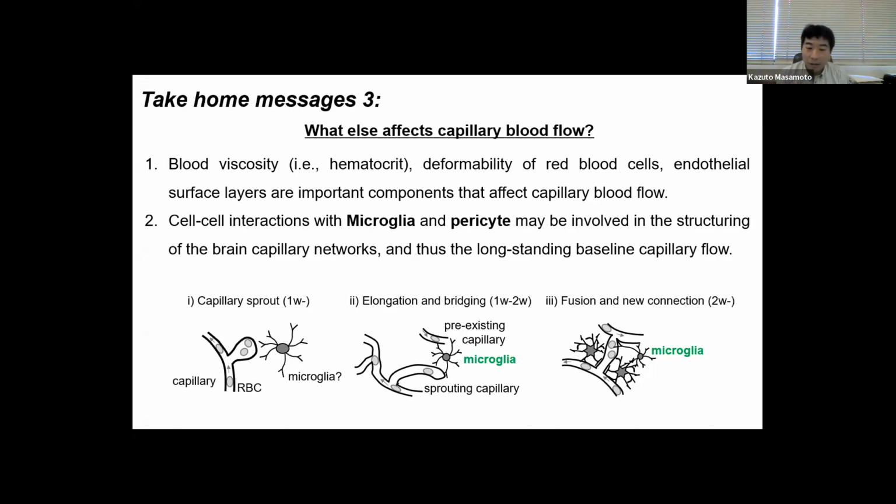We're missing that point, so it's a good question. Some studies suggest that a signal from the blood may attract the microglia, but we didn't see any status of the pericyte. Sorry.